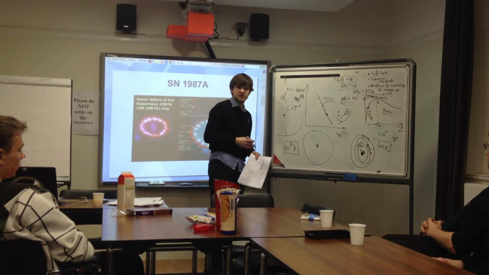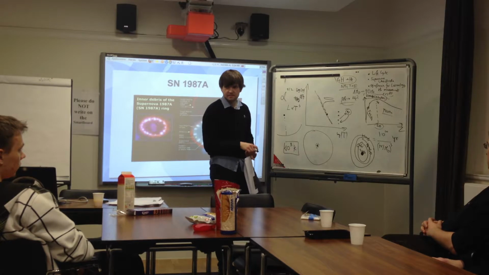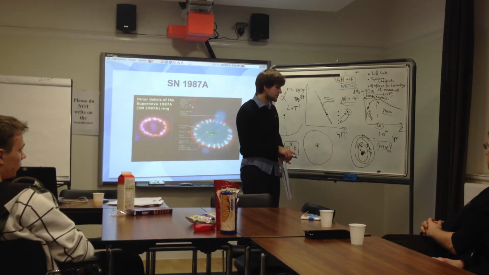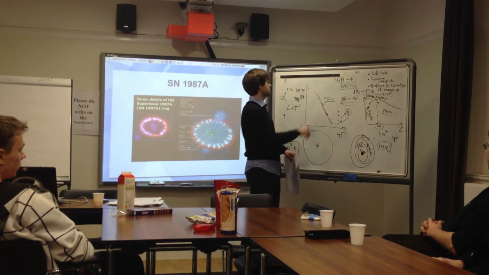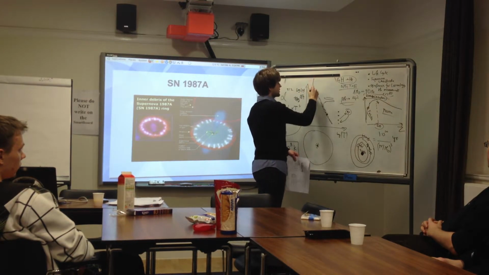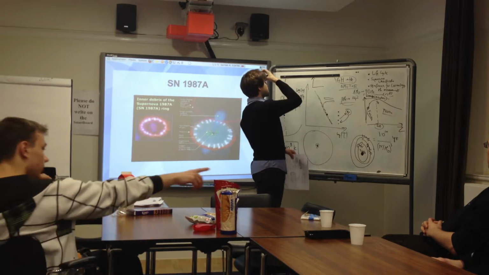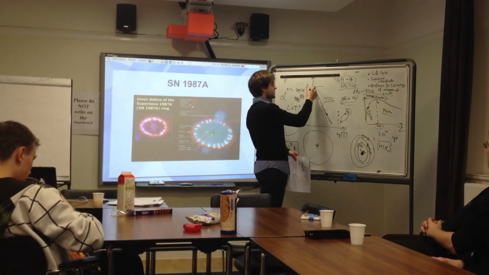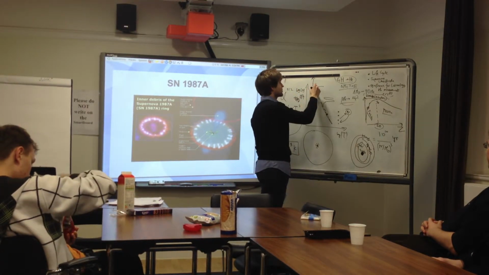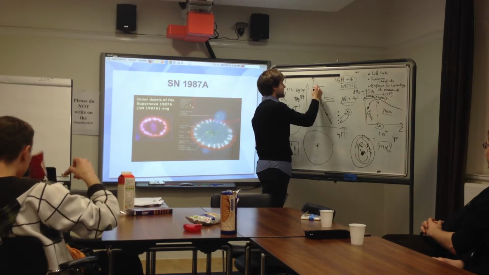Because then it's supported entirely by Fermi degeneracy pressure of neutrons. And Fermi degeneracy pressure, for those who don't know, is just a pressure which is exerted by fermions. Fermions are particles which have got a spin half and statistics such that it doesn't allow them to sit in the same state.